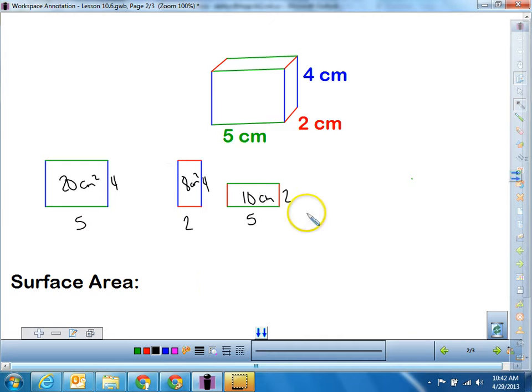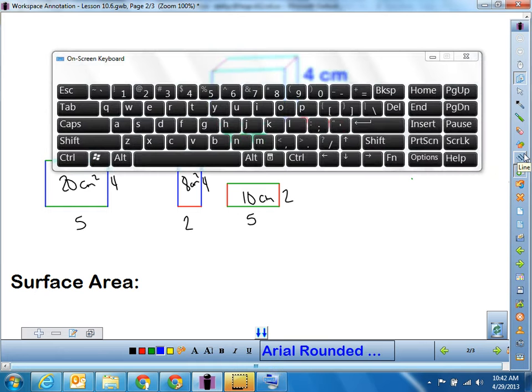Now, we need to add all of this up to get our surface area. Here, I'll type it out for you so you know.